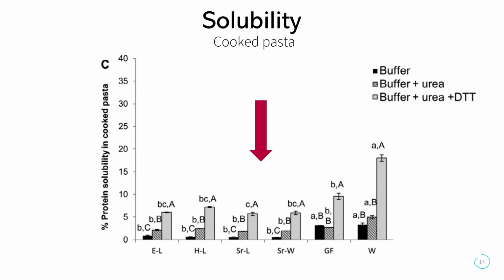The more interaction we have, the more stable the protein is. And by doing this in different buffers, we determine if we break hydrogen bonds or disulfide bonds. So it's really trying to infer the type of interactions that are happening.